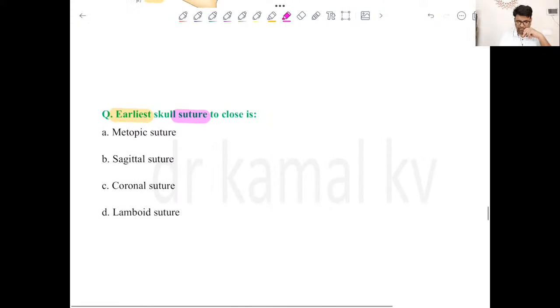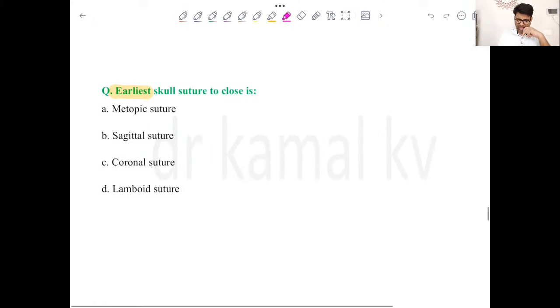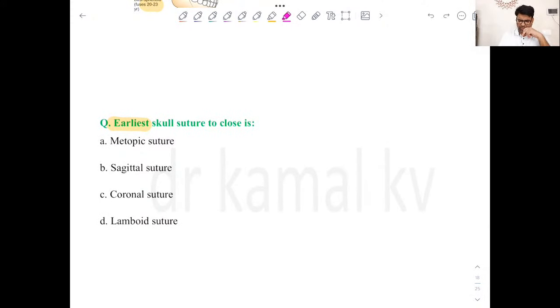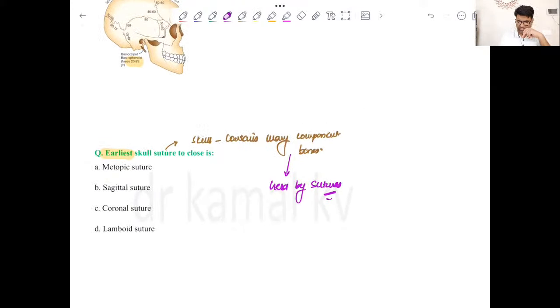Earliest. Yes, anyone? I think all of you must know what sutures actually are, because the skull contains many component bones, and these component bones are held by sutures, and these sutures ossify with time, right?